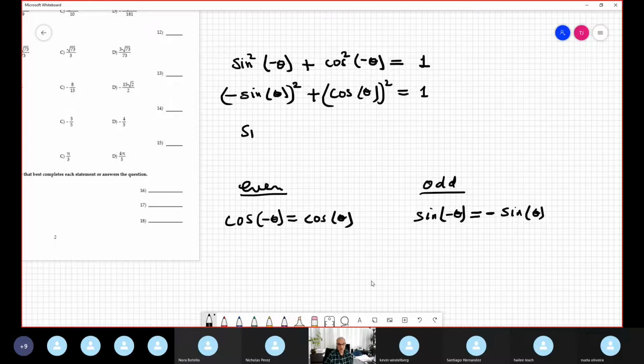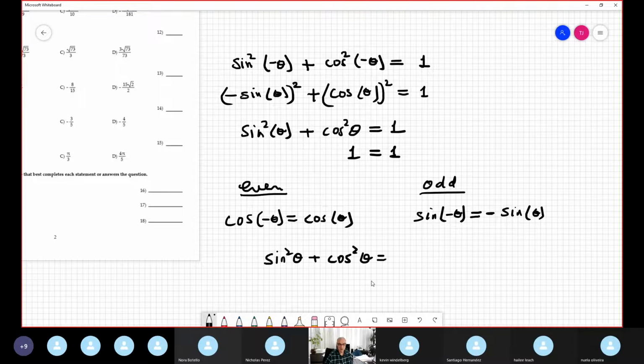So sine squared theta plus cosine squared theta equal 1. And this is the famous trigonometric identity que says que sine squared theta plus cosine squared theta equal 1. Boom. And we prove that this identity is okay.